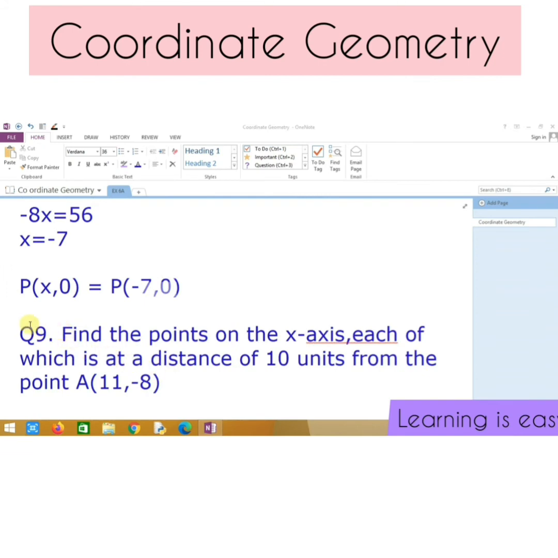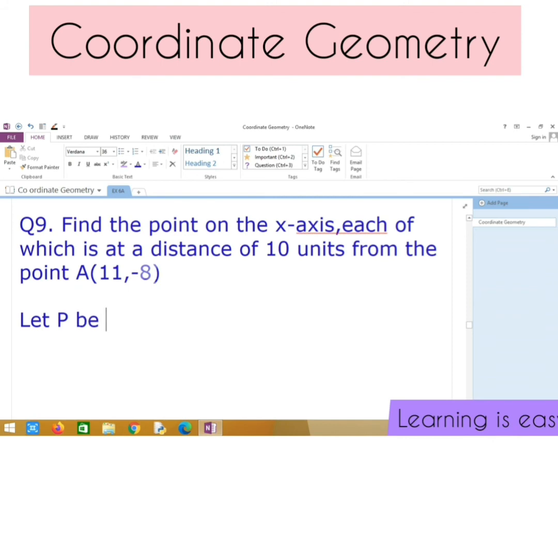Next, question 9. Find the points on the x-axis, each of which is at a distance of 10 units from a point A, 11 comma minus 8. So distance is already given over here, 10 units. So let's assume the point P, x comma 0.